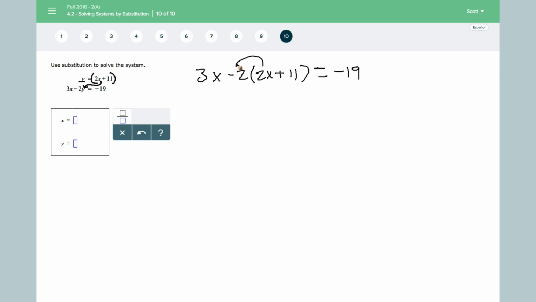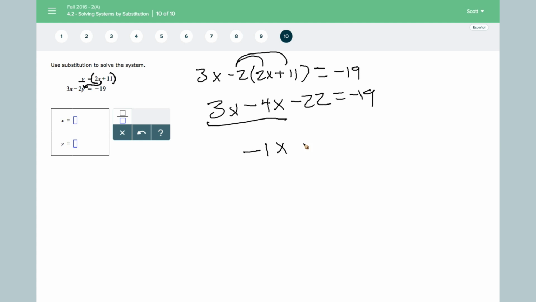Now we distribute. 3x minus 4x, and negative 2 times 11 is negative 22, equals negative 19. We can combine those and get negative 1x minus 22 equals negative 19. Now we're going to get the x by itself. We're going to add 22 to both sides. We have negative 1x equals, and that turns out to be positive 3.